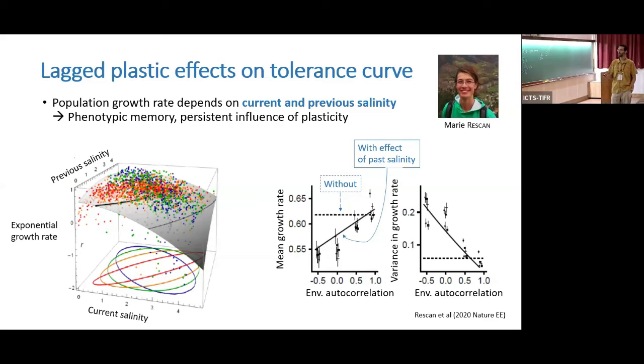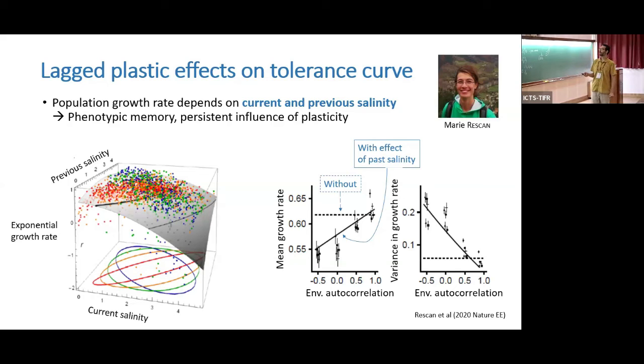If you just do this quadratic thing, but with dependence on previous salinity also, and these are treatments that you see in the bottom here. So this was highly autocorrelated treatment. This is like negative, you see? These are how it looks here. And then we projected the growth rate that we got on here. It's pretty noisy, but still we were able to fit this curve.